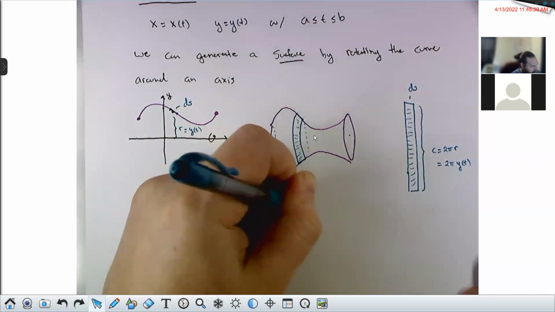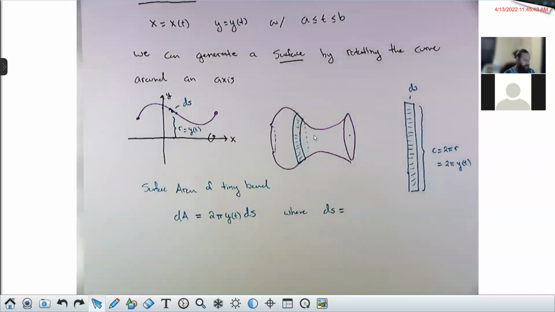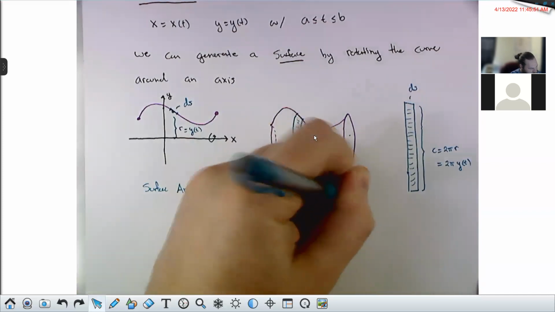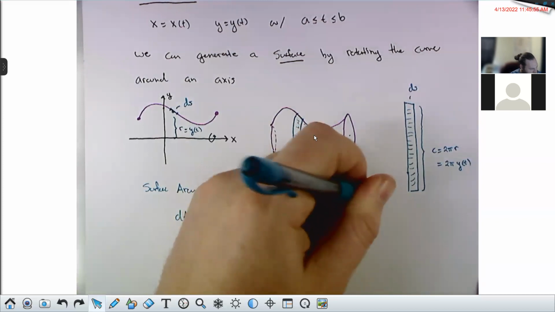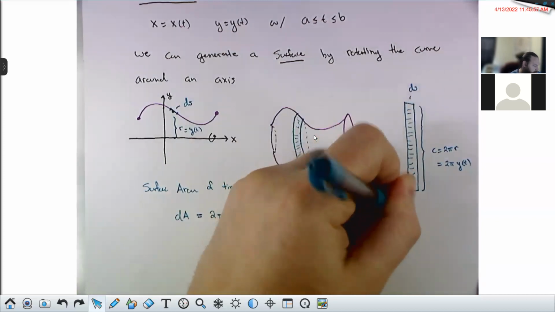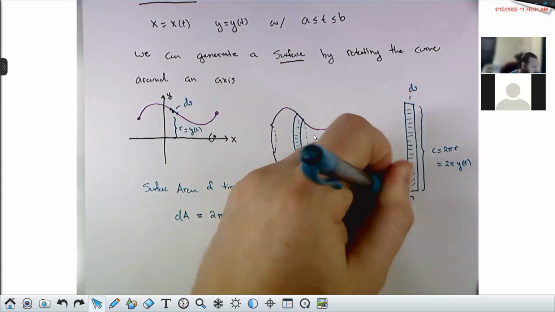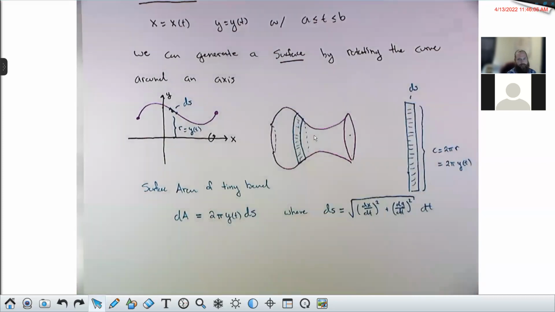Where ds is the thing that you integrate to get the arc length. ds, remember what we said at the start of class, is the square root of dx/dt squared plus dy/dt squared, dt.